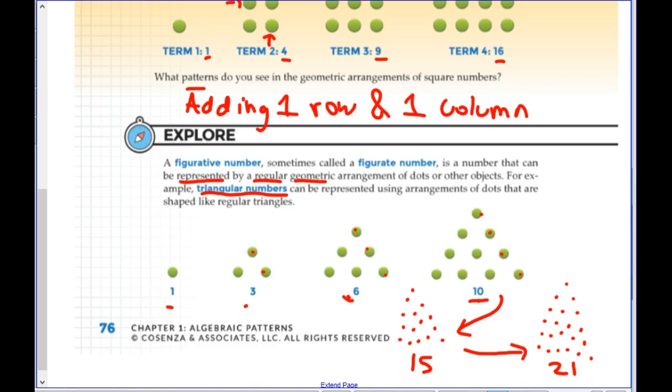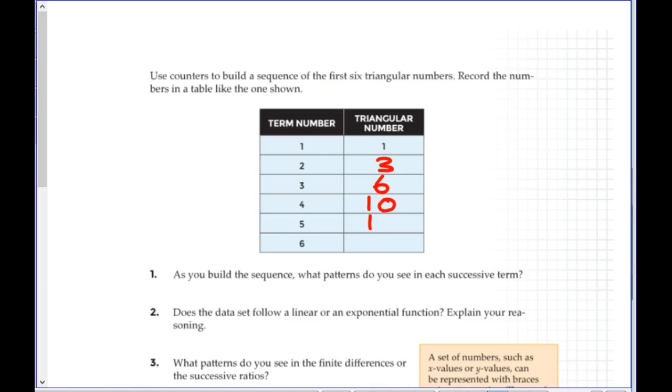So again, we're just filling it out with the triangular numbers, and the last two we had were 15 and 21, okay? So, number 1 asks us, as you build the sequence, what patterns do you see in each term, okay?